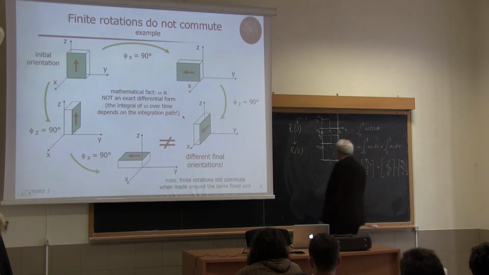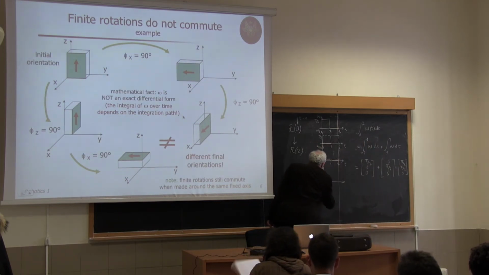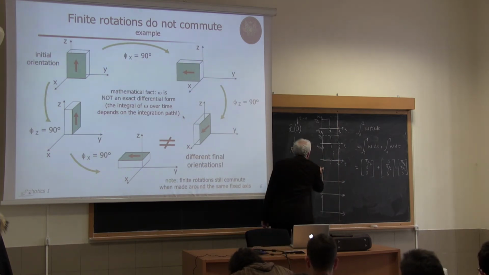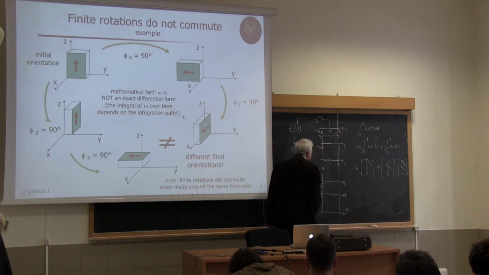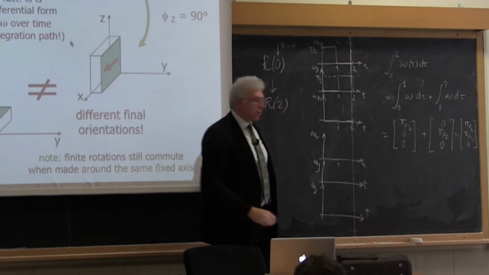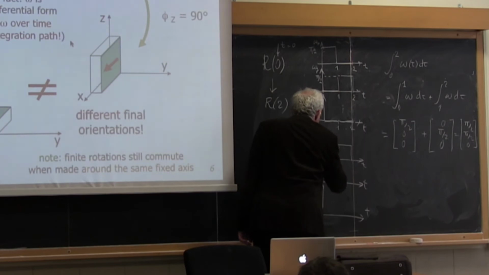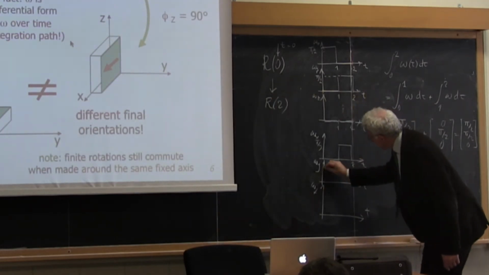Now, if I take another story of omega x, omega y, and omega z, over time, and I say, okay, I don't want to move for 1 second around x and then I apply an angular velocity of pi over 2 for 1 second, and I do the reverse here.